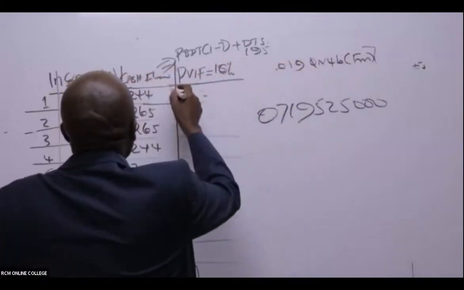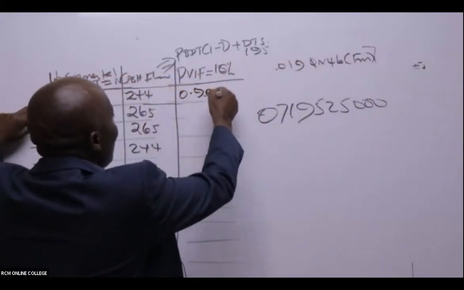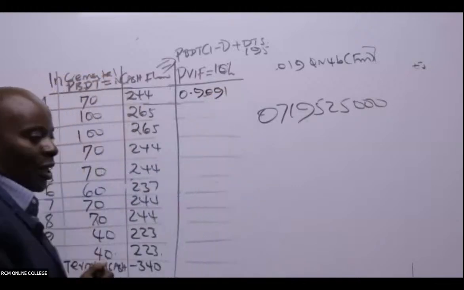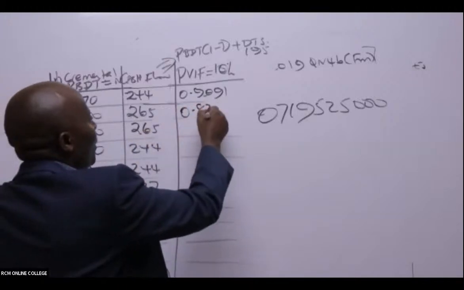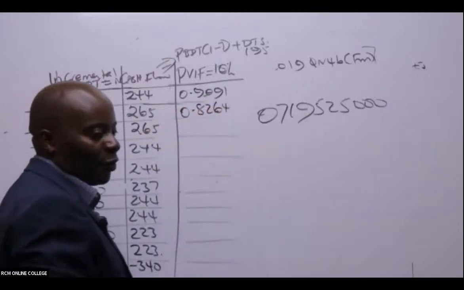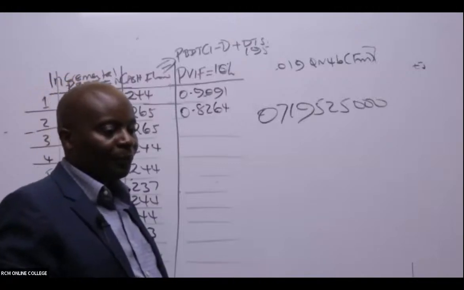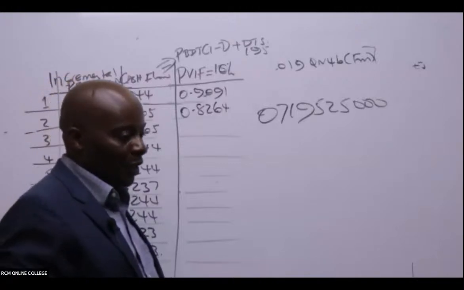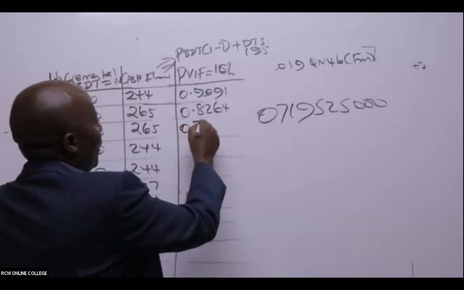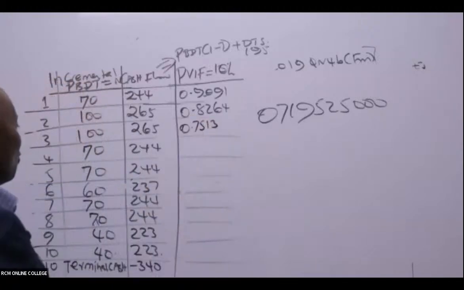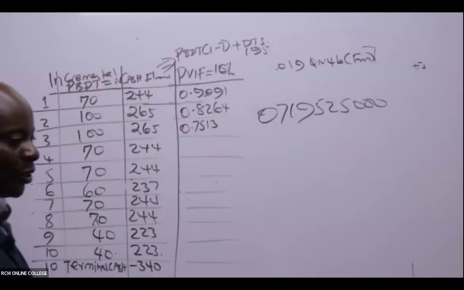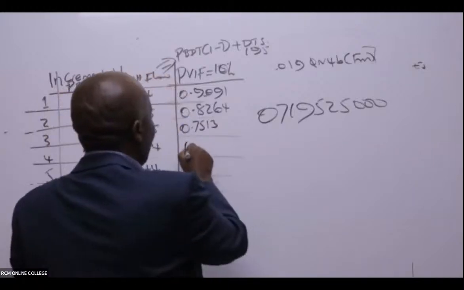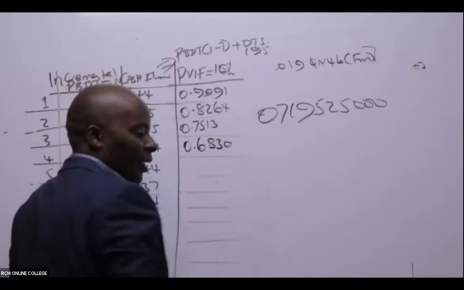So the first one, year one, 10%, it is 0.9091. How about year two? From the table, 0.8264. From there, we go to year three, 0.7513. Year four, 0.6830.